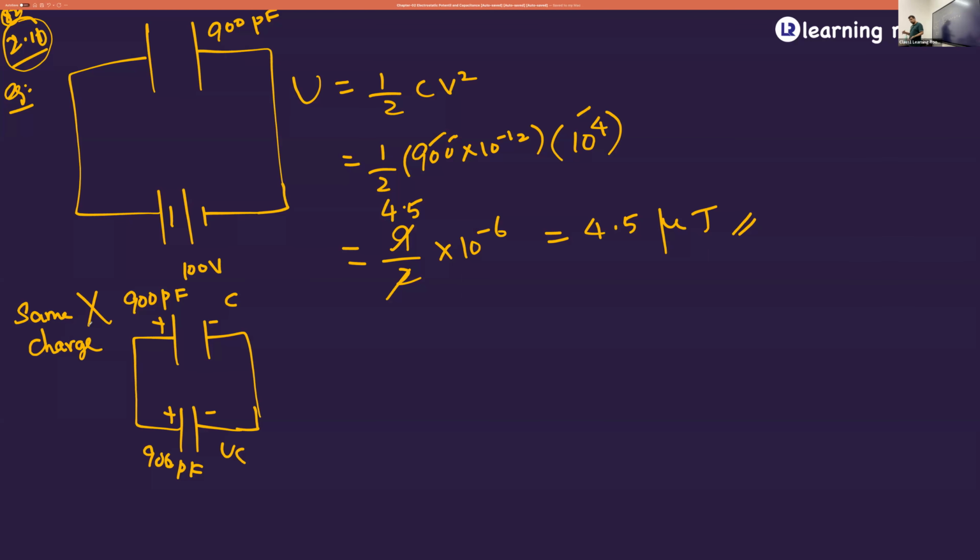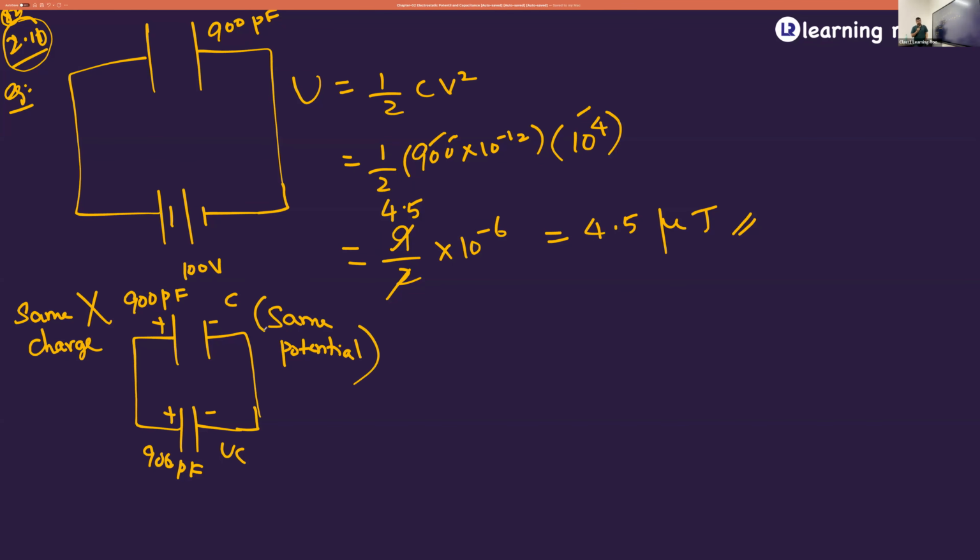In a similar way, charge will also flow from higher potential to lower potential. So when will it stop? When they both attain not the same charge, when they both attain the same potential, right? When they both attain the same potential, the process will stop.